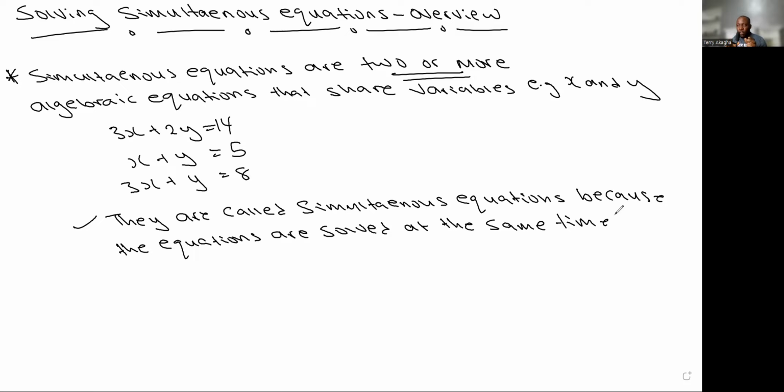So simultaneous equations are two or more algebraic equations that share variables, and they are simultaneous because they are solved at the same time.